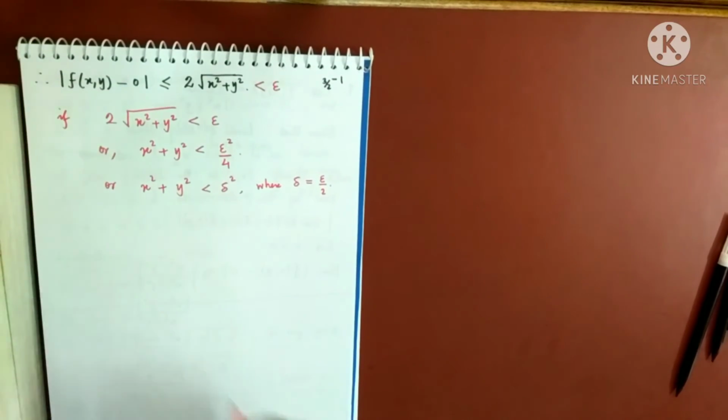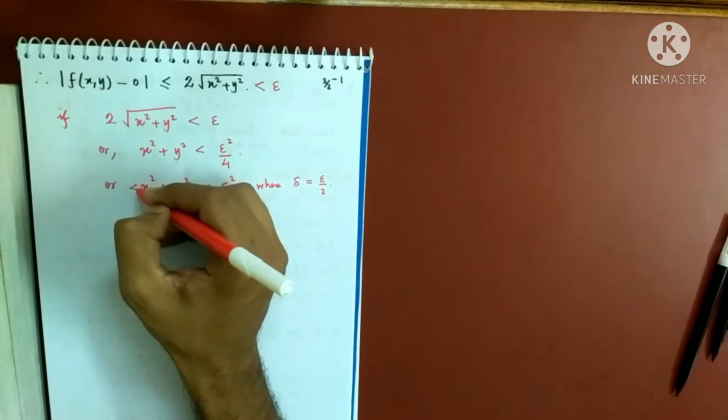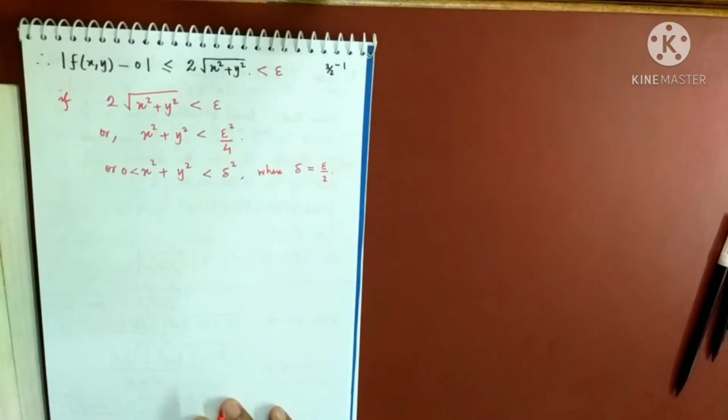So definitely this is strictly greater than 0 because x and y are not 0, 0.